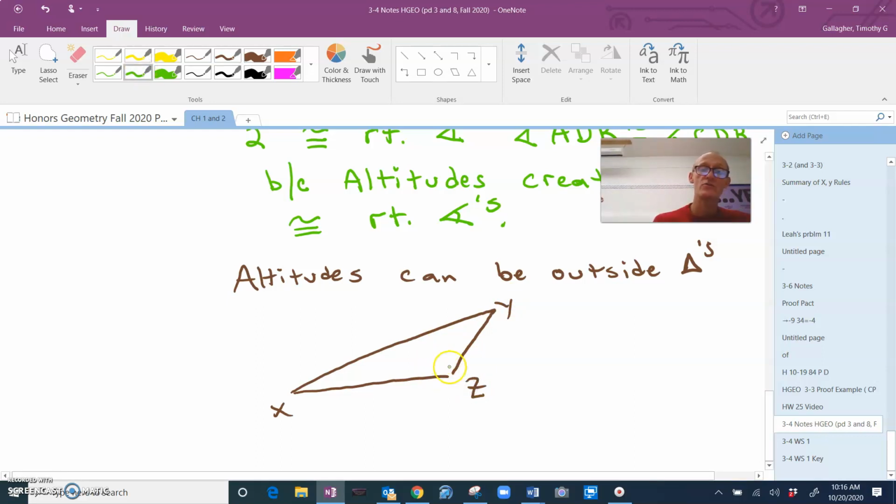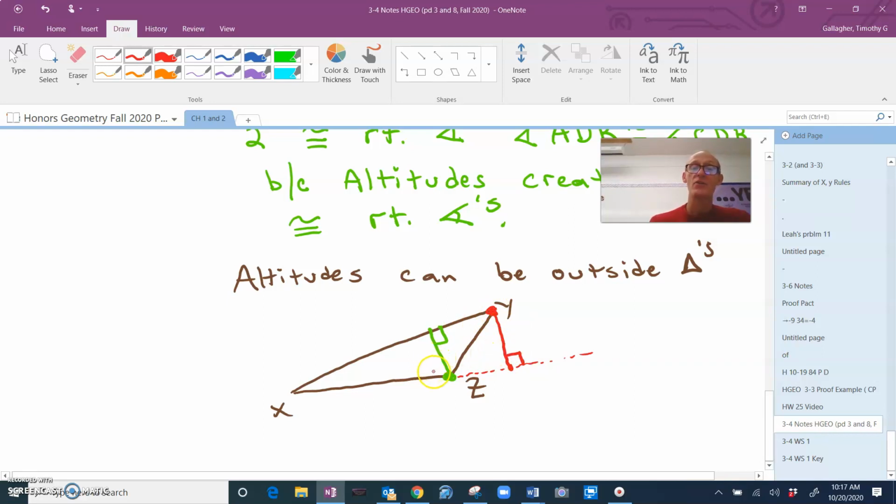If I drew an altitude here, that's inside the triangle. If I drew an altitude here, now watch this one. This vertex is opposite this side. So sometimes you have to extend the side. Okay, there's another altitude.